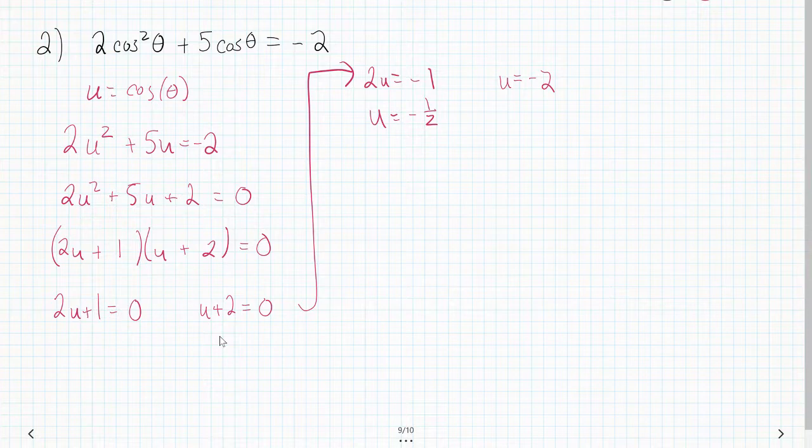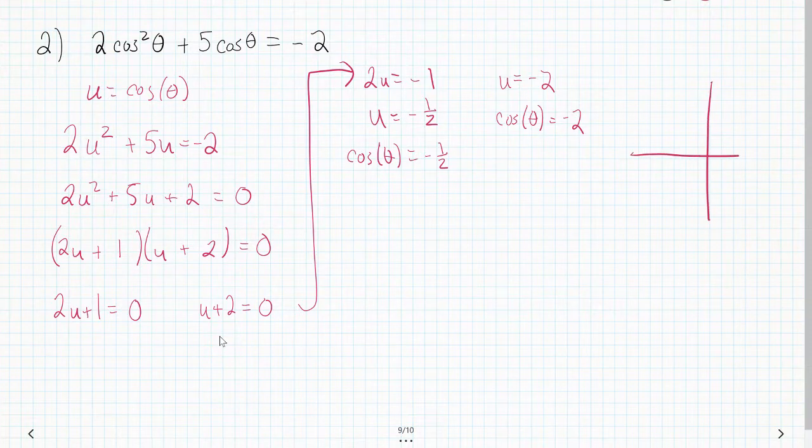So now plugging the cosine of theta back in for u, you get cosine of theta equals -1/2. And the other one is where cosine of theta equals -2. Now one of these is pretty easy in terms of what your solution is.